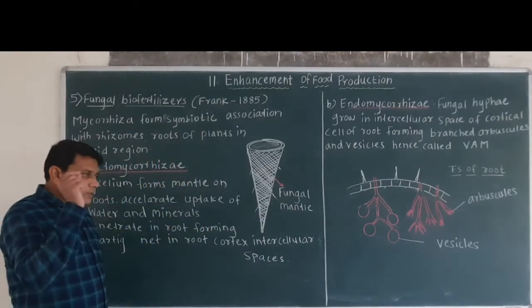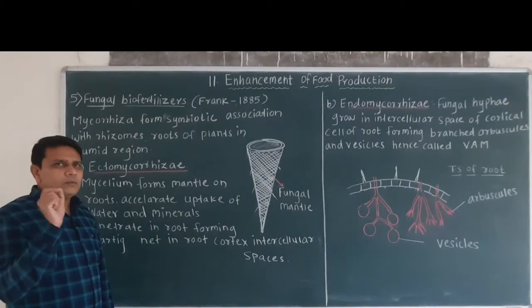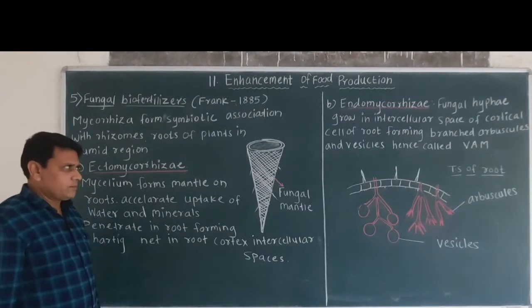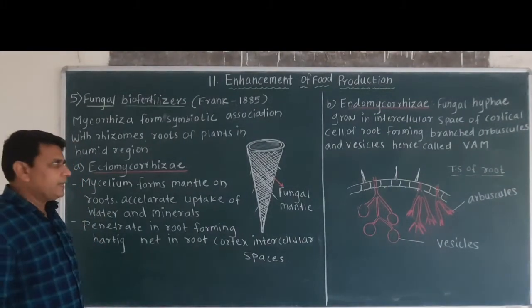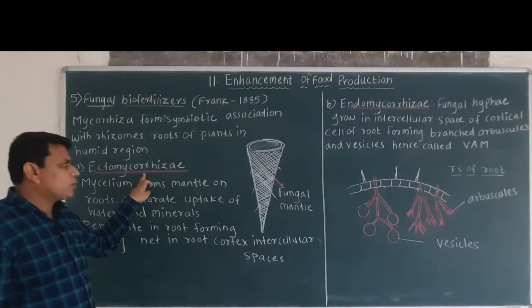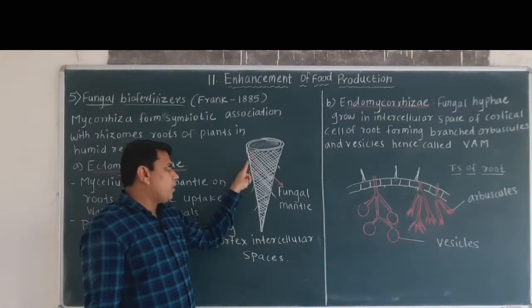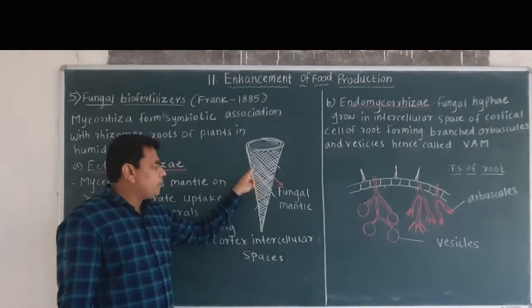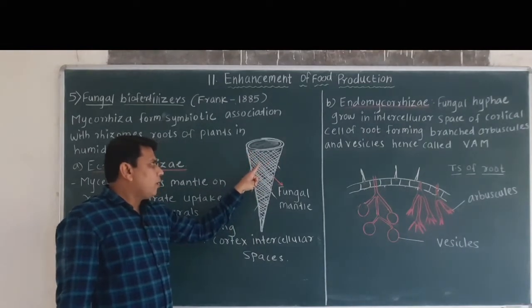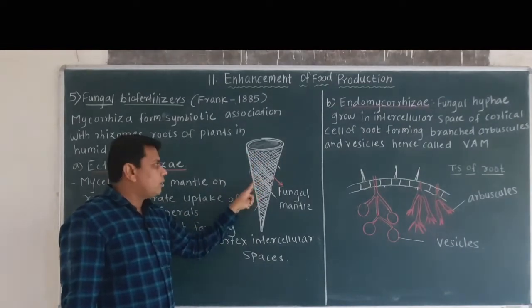So this type of fungal biofertilizer is called ectomycorrhizae, as it forms a covering or a layer around the root.